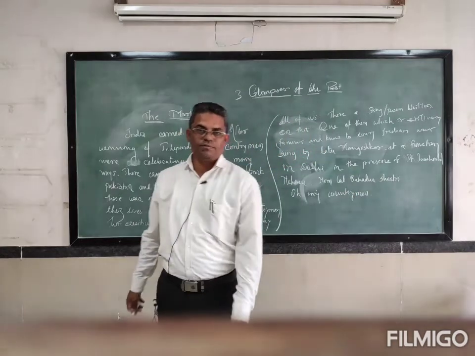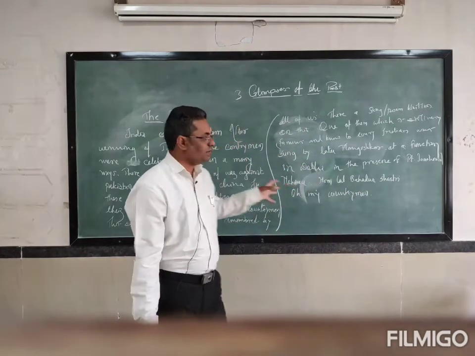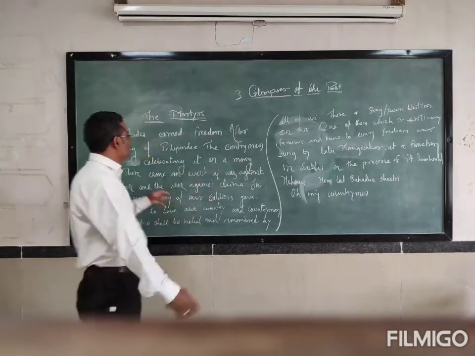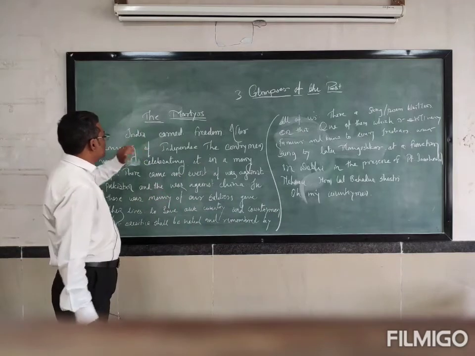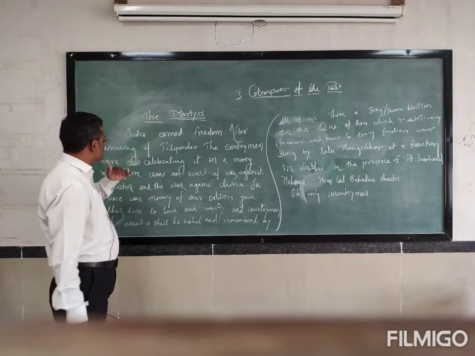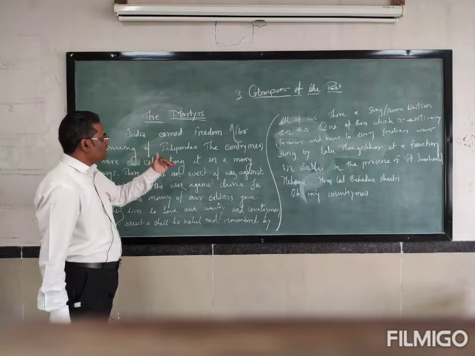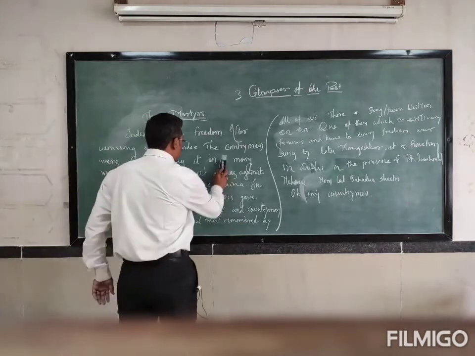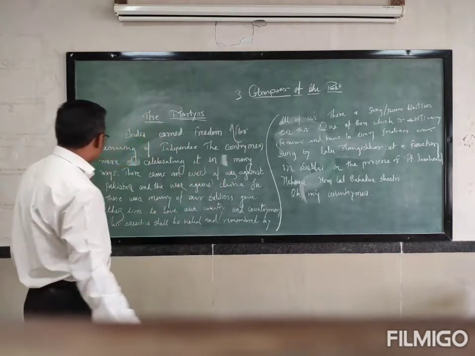This is one paragraph, one explanation, elaboration of one story. I'll read it once for you again. India earned freedom. After winning independence, the countrymen were celebrating it in many ways.